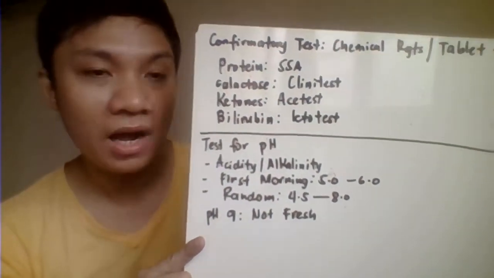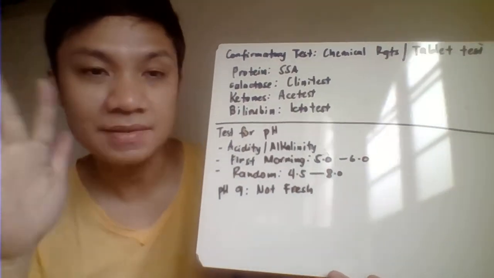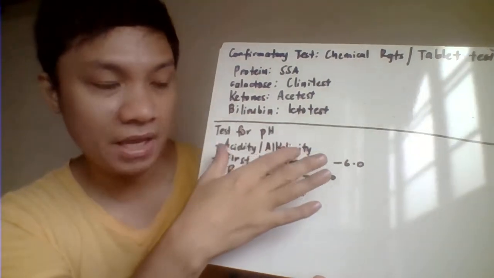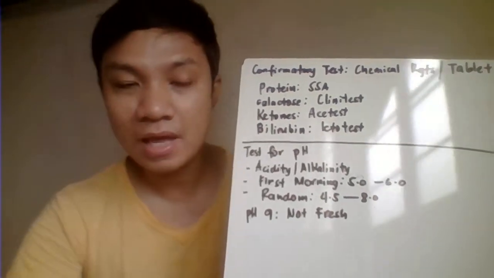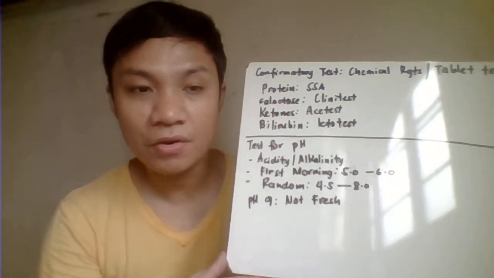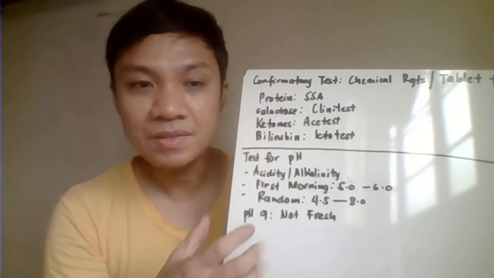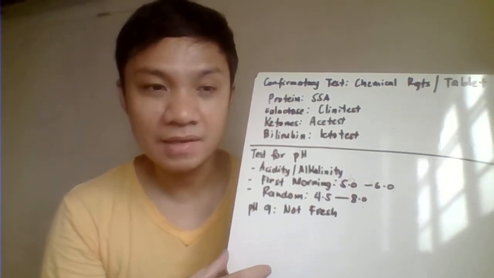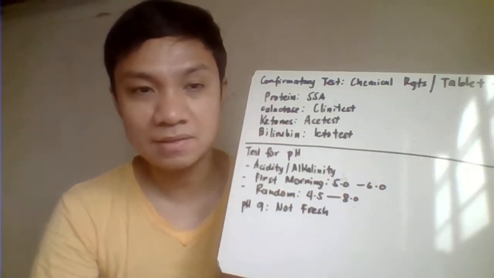So we start our discussion of the chemical examination with the test pads for pH. We'll speak about the pH, which pertains to the alkalinity or the acidity of your urine sample. For the first morning urine, we have a slightly acidic na urine pH, with a pH of 5 to 6.